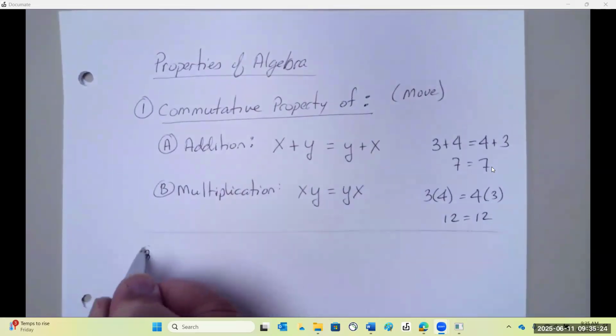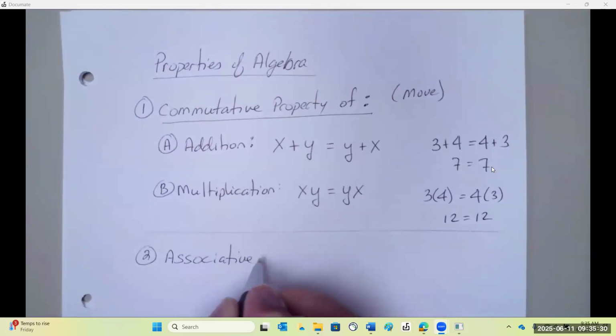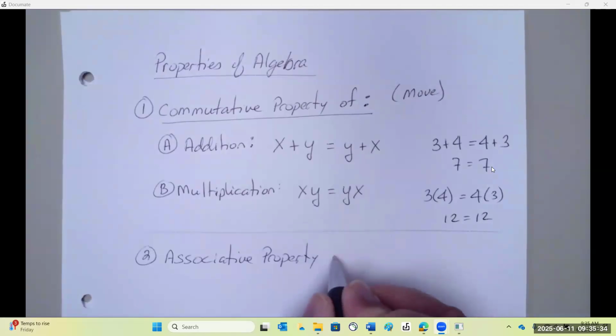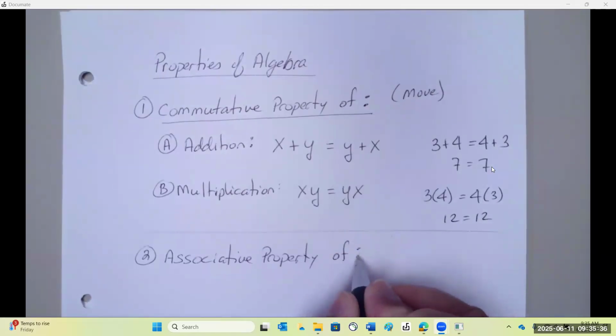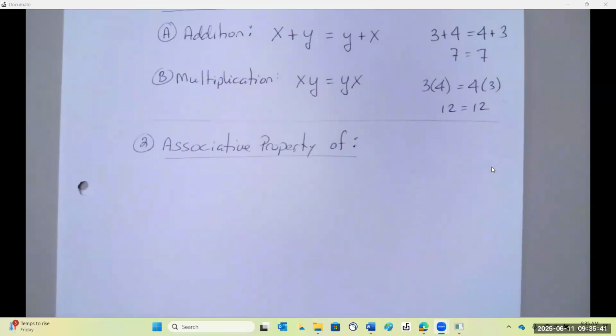The second property is the associative property of: What does to associate mean?